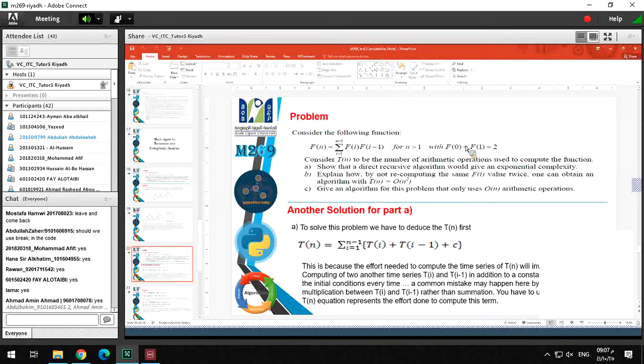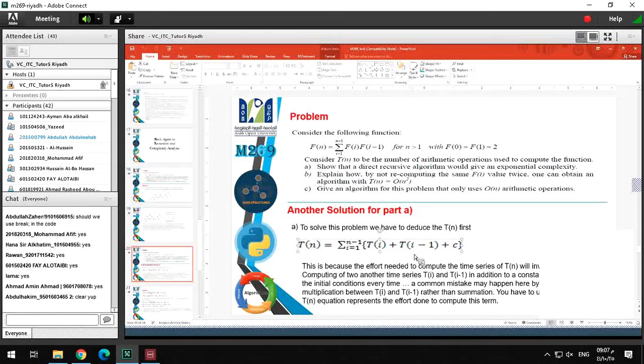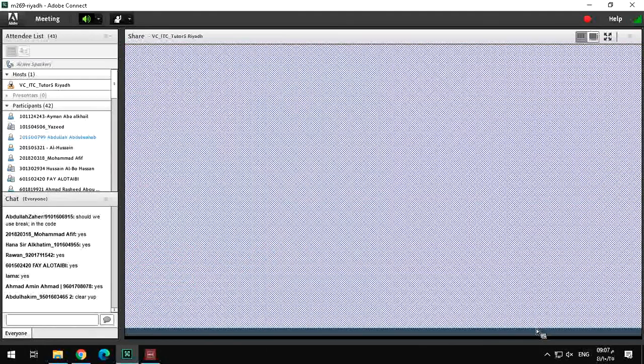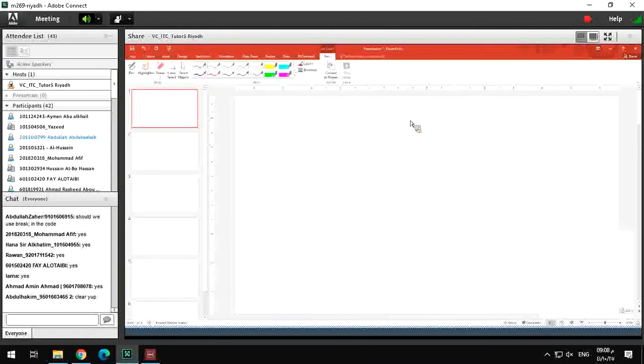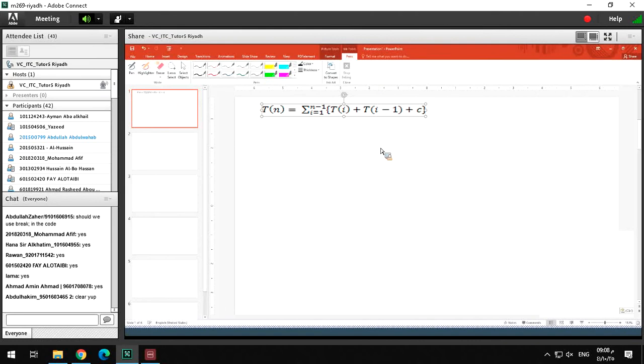So this is the original function. Let me copy it for you. This is the original function. Now, let me type here. Now, this is the Tn.